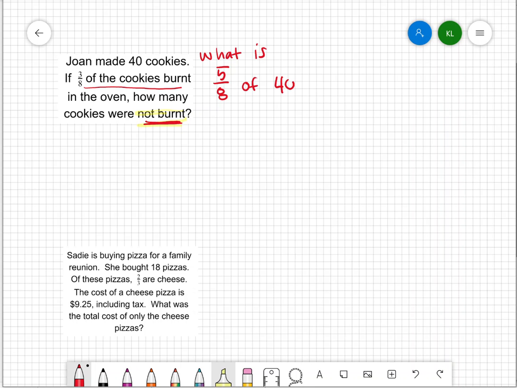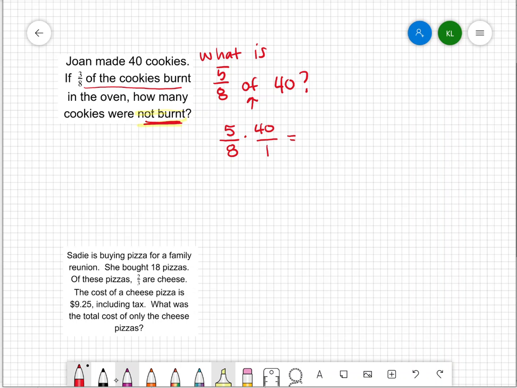Okay, so we can do this by using multiplication, because the word "of" in math really tells me to multiply. So if I want to multiply 5/8 times 40, this is really the same thing as 40 over 1. If it helps you to write it like that with a fraction, you can. All right, now when we're multiplying with fractions, we could do this 2 ways.